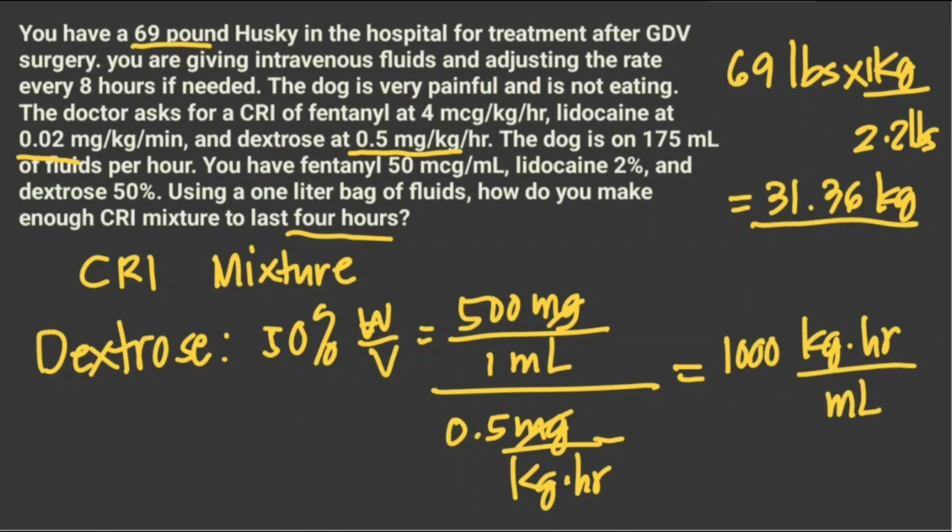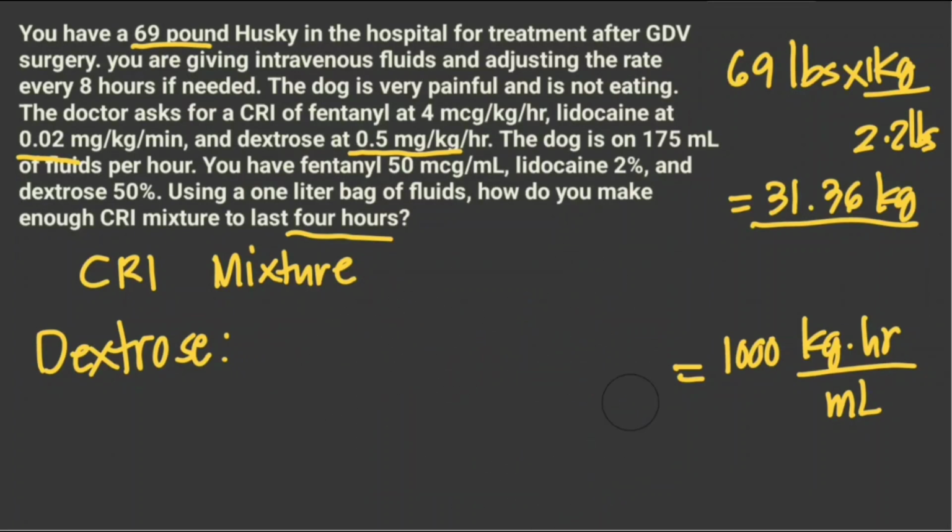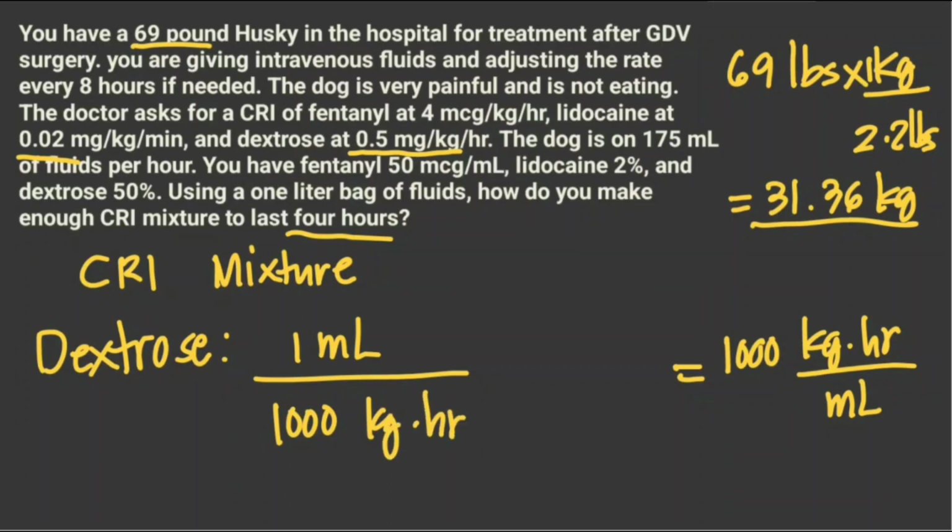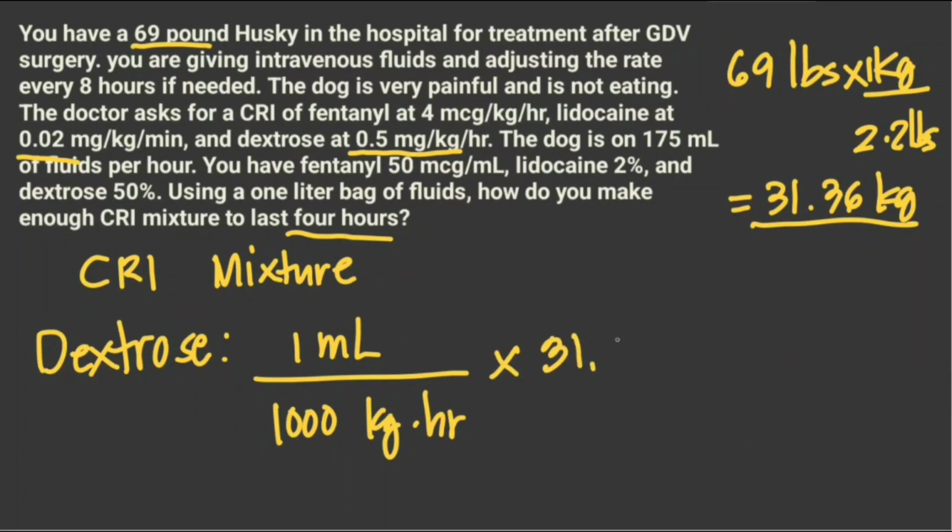Again, we can flip that to eliminate the rest of the units, so we write 1 ml per 1000 kilogram hour. Then we multiply this by the weight of the dog, 31.36 kilograms, times the number of hours, 4 hours.